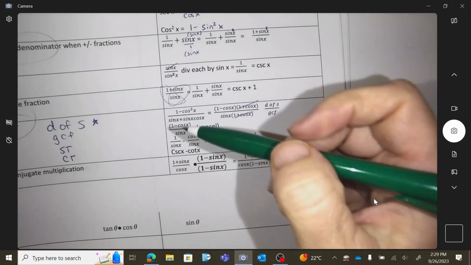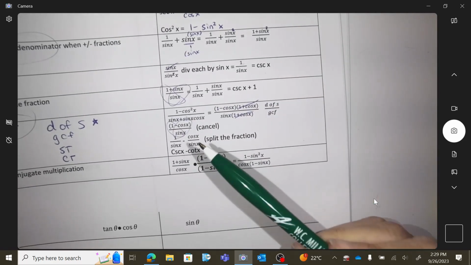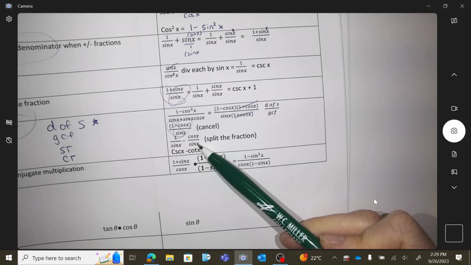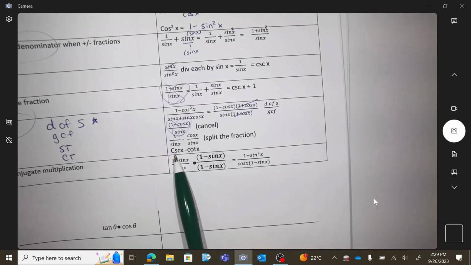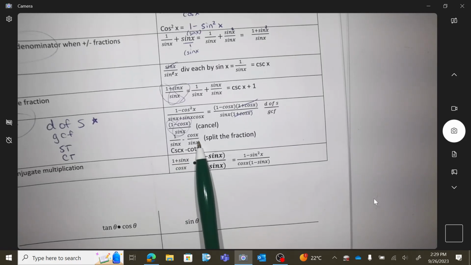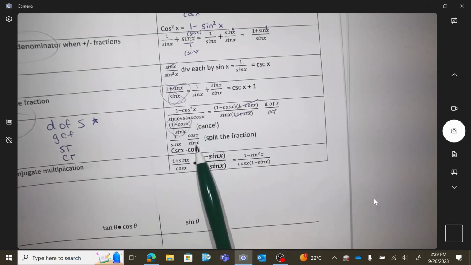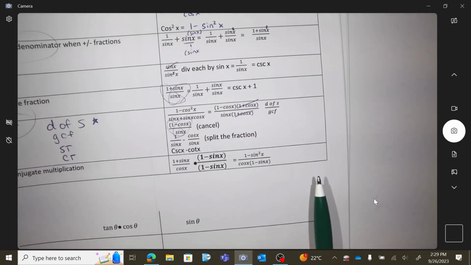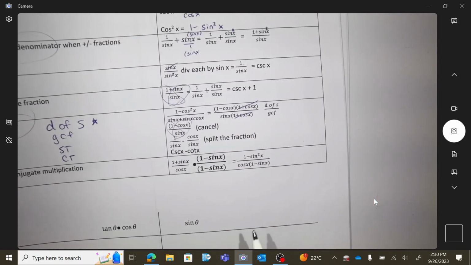And then I split the fraction. That's how I got to the next step. And then I substituted. 1 over sine is the same as cosecant, and this is the same as cotangent. Do you see how this involves all these math strategies? You're going to have to think about all these.